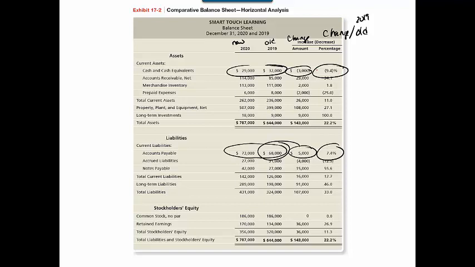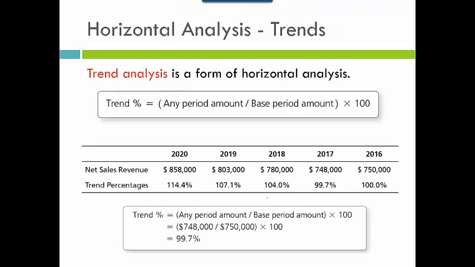So speaking of that, this is a trend analysis. Now, in this book, in this context, a trend analysis isn't a year-to-year-to-year change, which you can also do and is also useful. But in this one, everything is a percent of the base period. So the amount for any period divided by the base year.